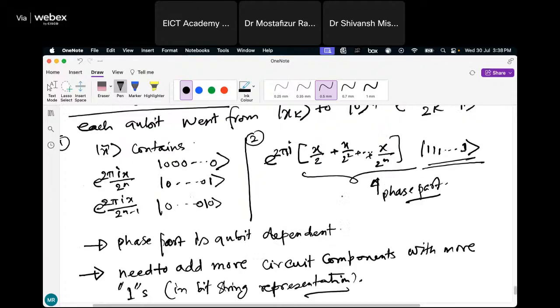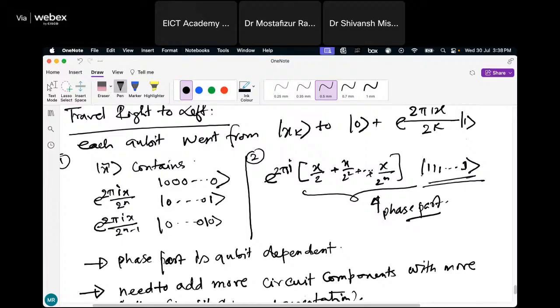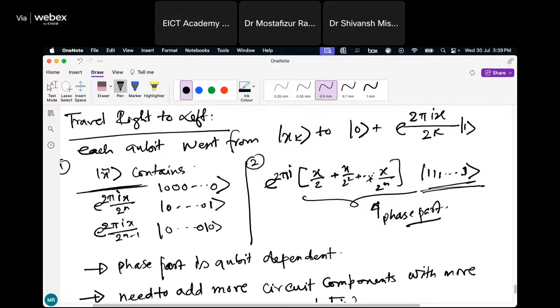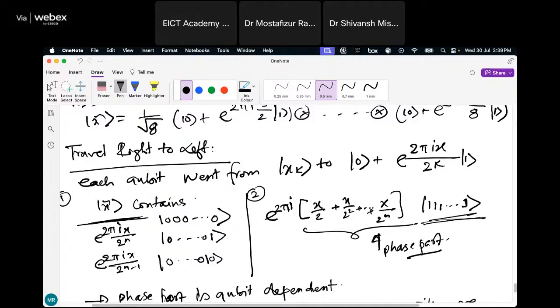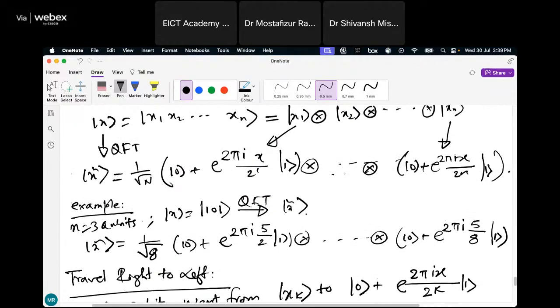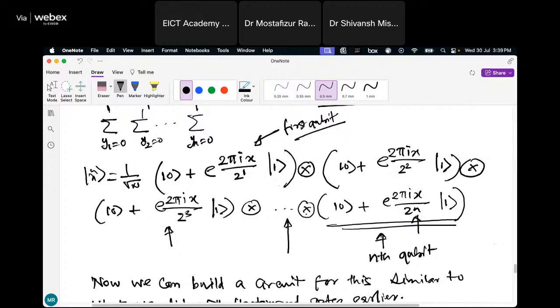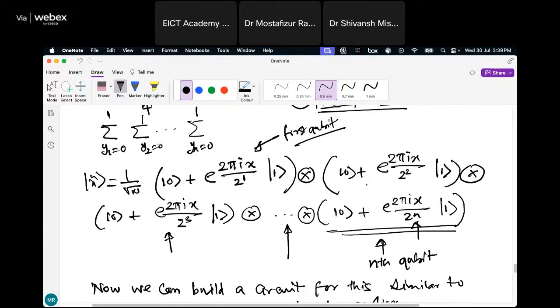Let me clarify these things. If you check left hand side to right hand side, all these zero states have no phase, but all these ones have the phases, which are in some series equations. Your overall equation representation is the tensor product of all these equations.